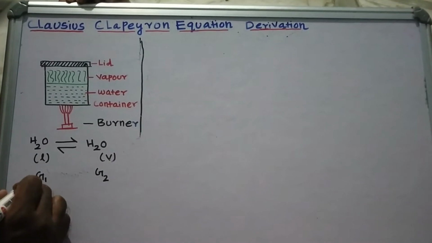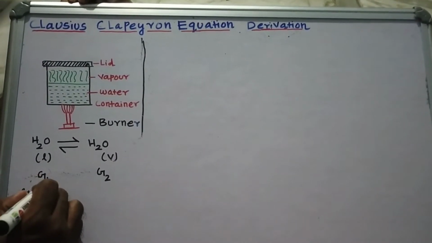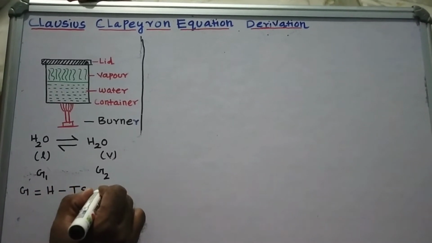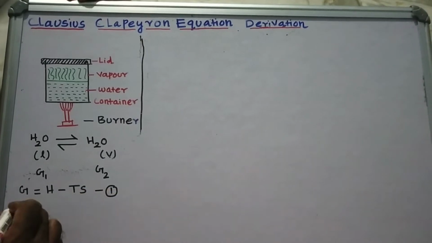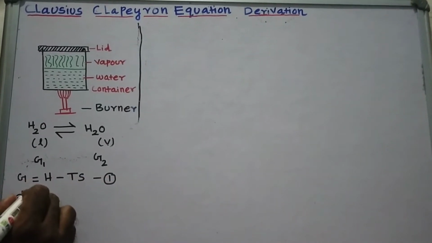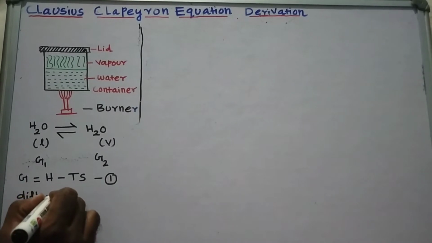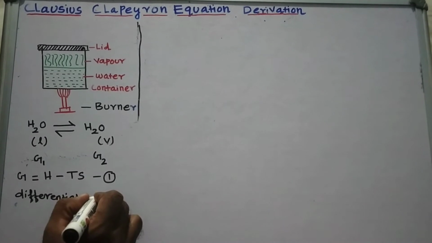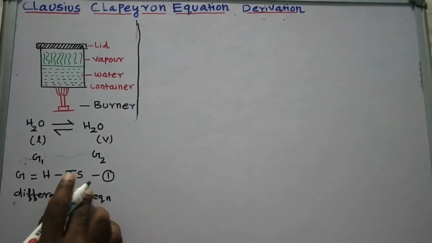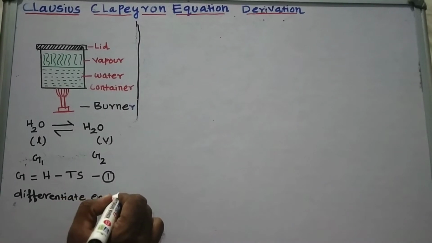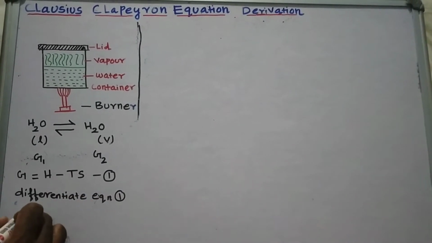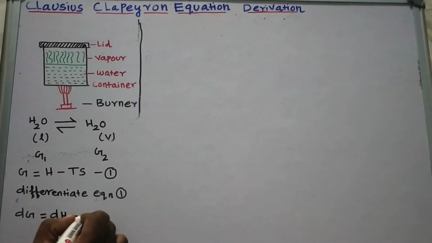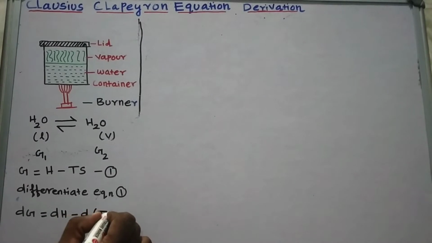Now let us consider the free energy equation. G is equal to H minus TS. This is equation number 1. Then differentiate equation 1 and it becomes dG is equal to dH minus d(TS).